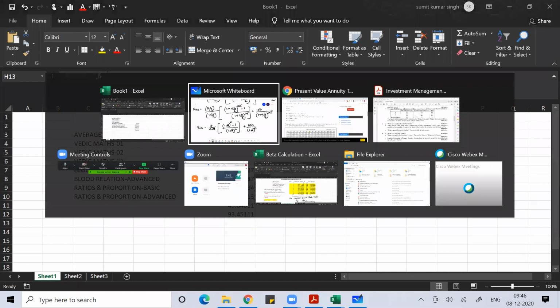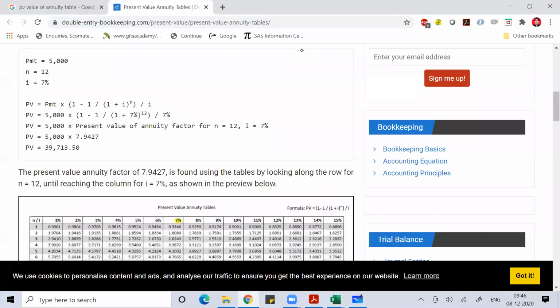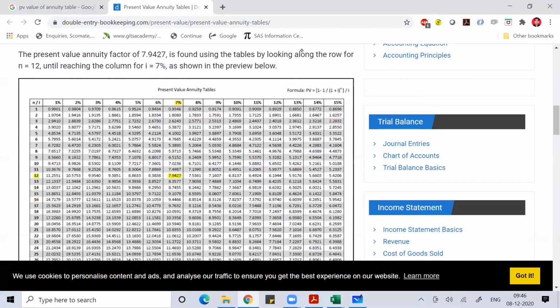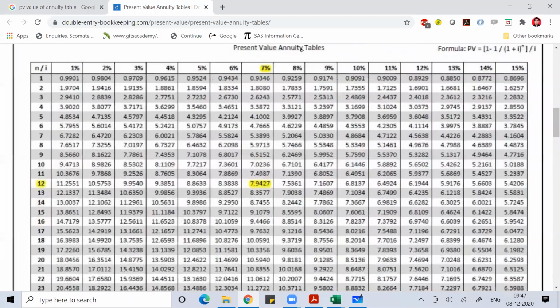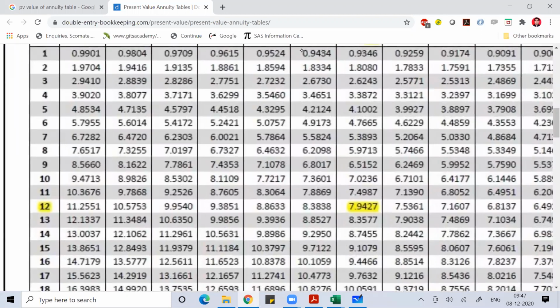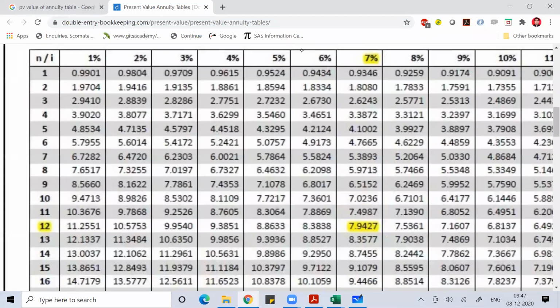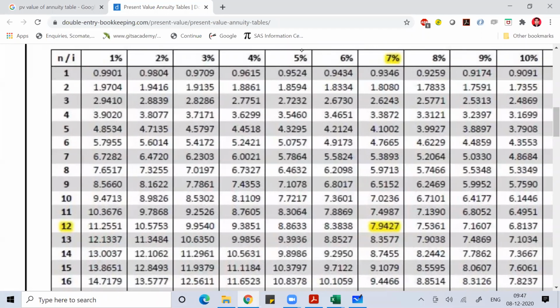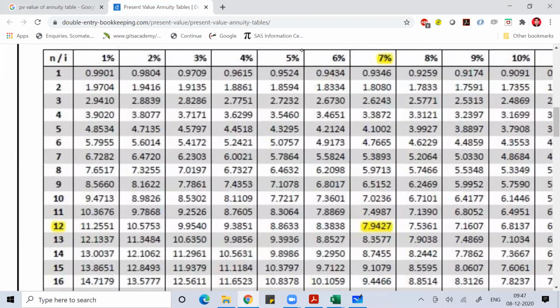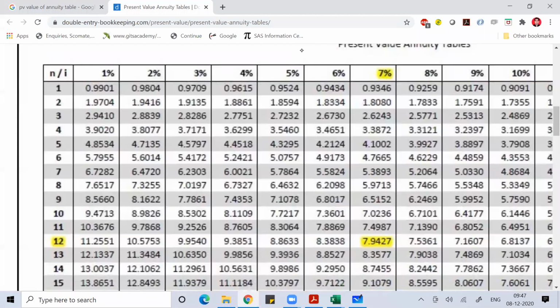I can see that value, 8 percentage for year 10, that is 6.7101.